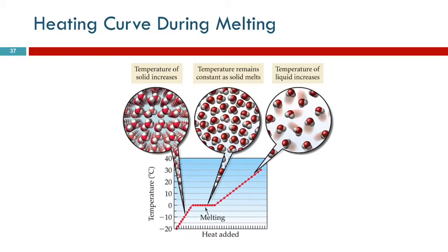We add heat, we add heat, we add heat, it stays flat. All the heat that we're adding is going into breaking more of those bonds, those intermolecular forces that are holding the water molecules as a solid. Once they're all melted, all those are loosened up, then the temperature can increase.